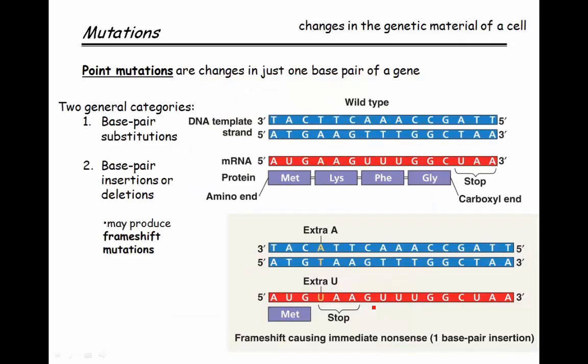Now another possibility besides base pair substitutions is that we can get base pair insertions or deletions. So we're talking about inserting extra nucleotides or deleting nucleotides. The difference here is that if we add one or we delete one, we are going to change the reading frame. So in this case, it may shift everything over.